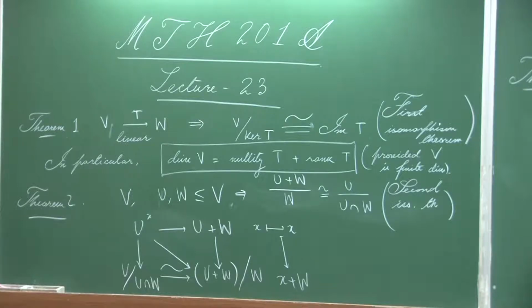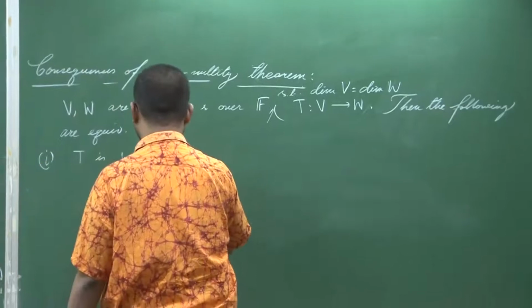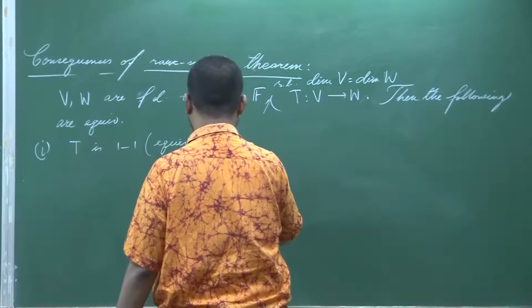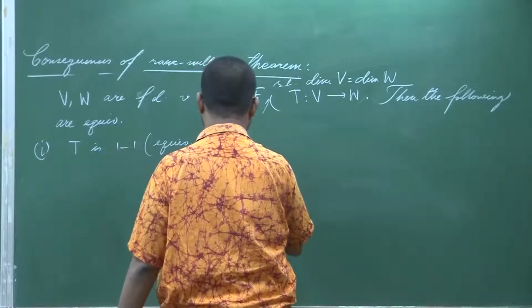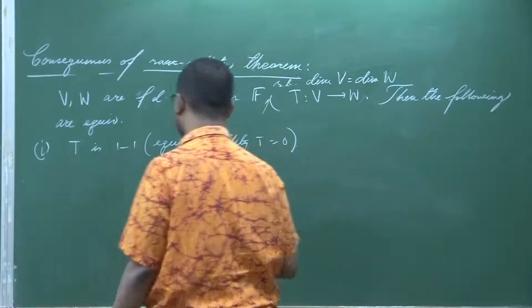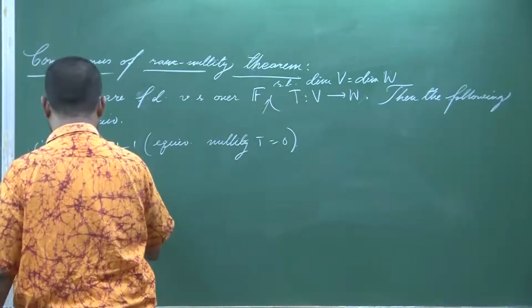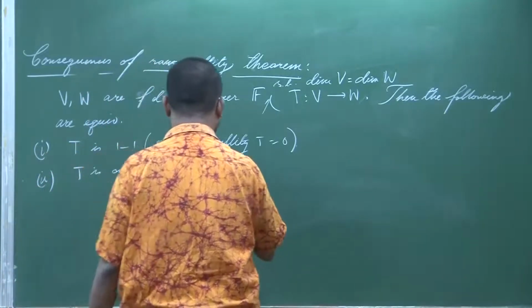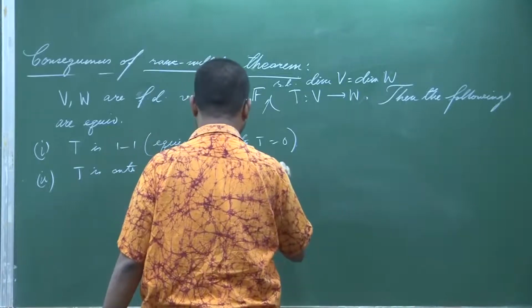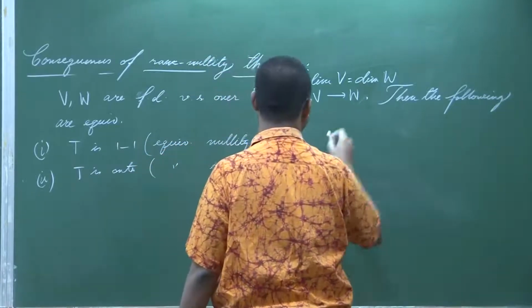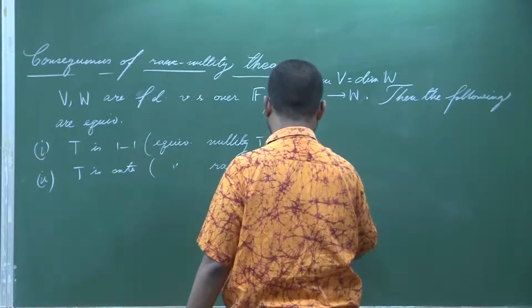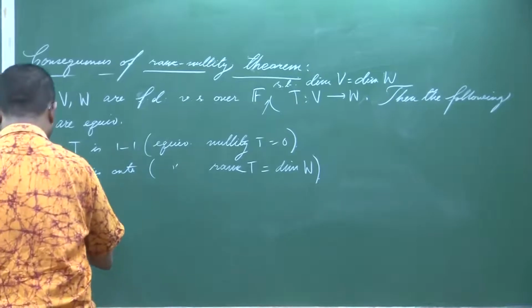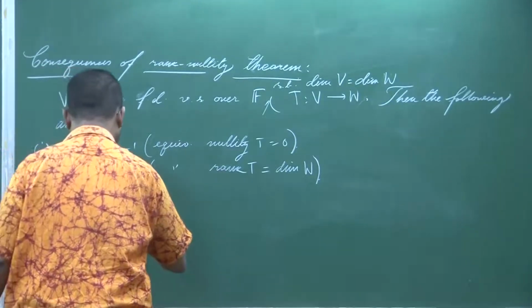Hence T is 1-1, or equivalently nullity T is 0, T is onto, equivalently rank T is dimension W, and then of course T is an isomorphism.